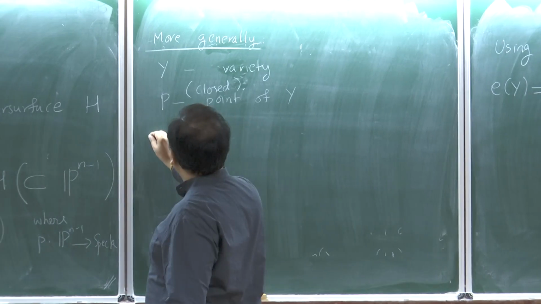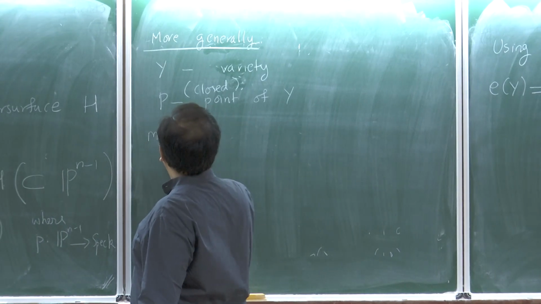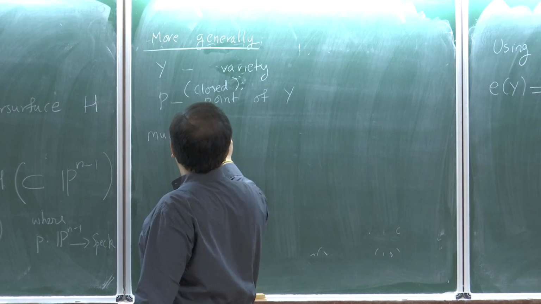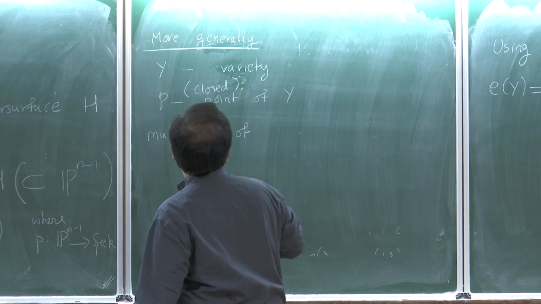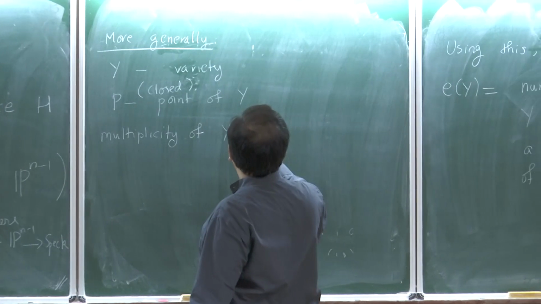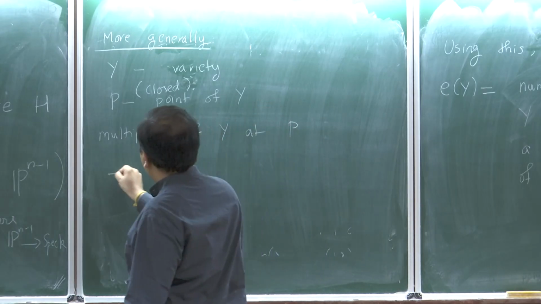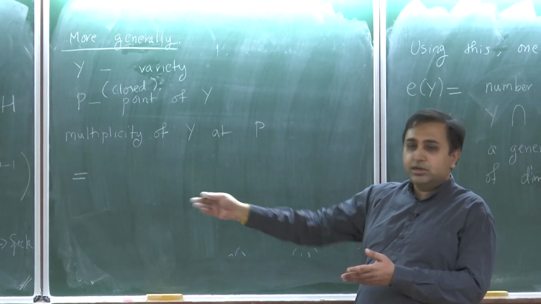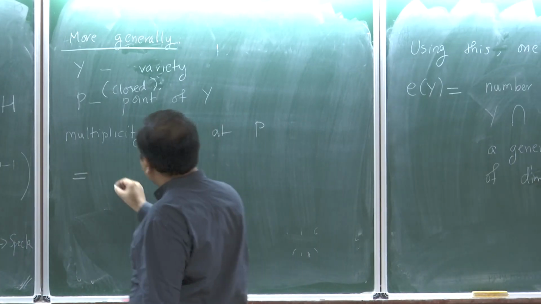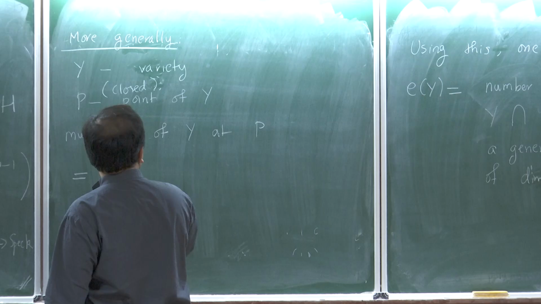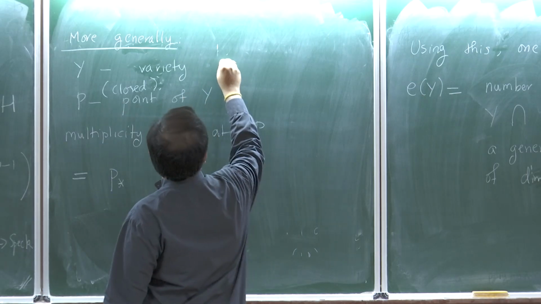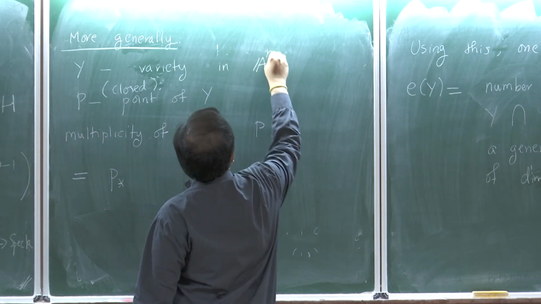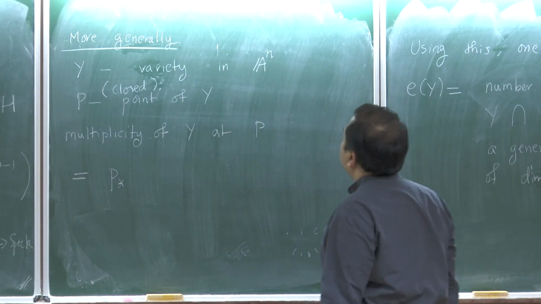I want to talk about the multiplicity of Y at P. This should be equal to what? I should just write down what I did over here, right? So I should just write down P, a subvariety in, say, A^N. We're still talking about something quite concrete.